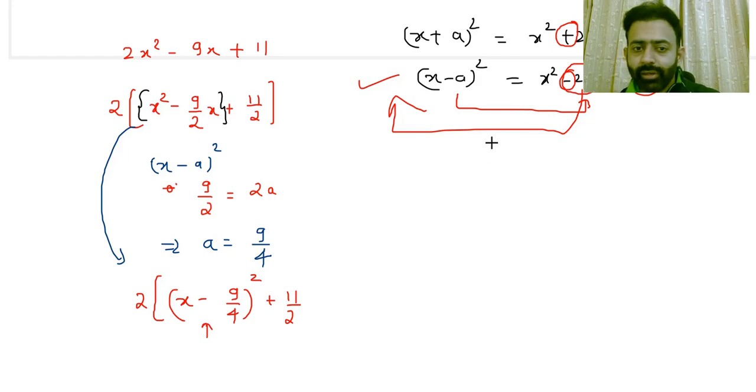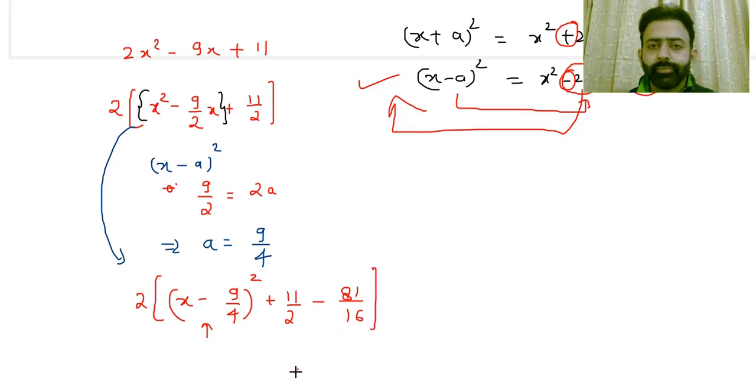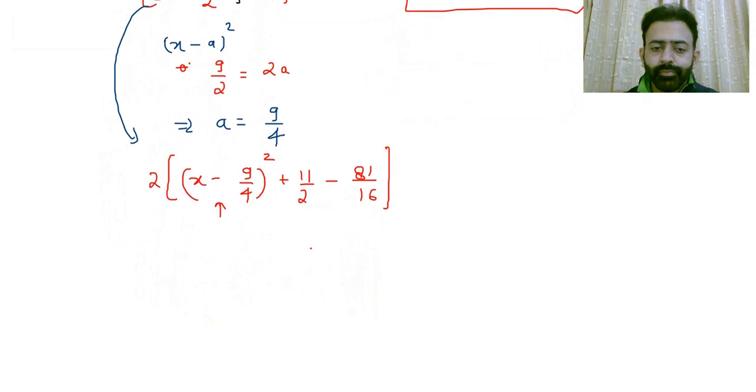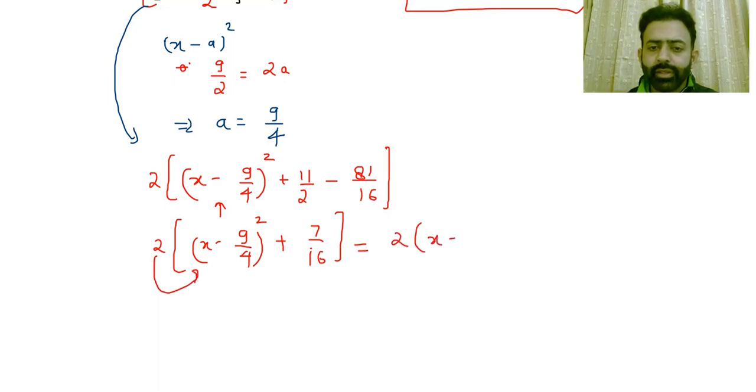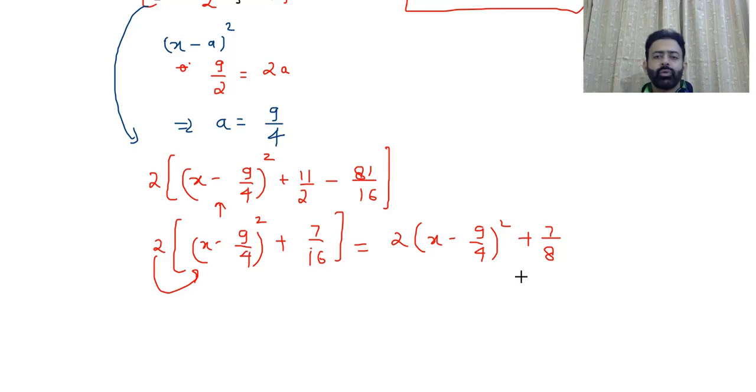So what is a square? 81 by 16. That needs to be subtracted. Simplifying, this is x minus 9 by 4 whole square plus, 88 minus 81 is 7 by 16. Multiplying by 2, this is 2 times x minus 9 by 4 whole square plus 7 by 8. So this is your complete form in the square form.